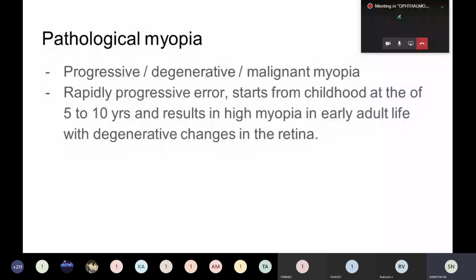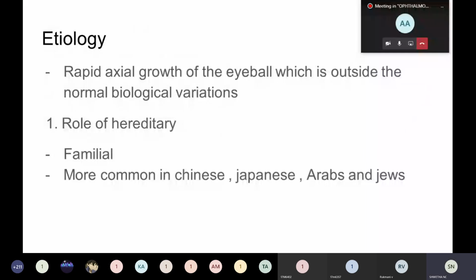Two important factors here are the role of the growth factor and the genetic factor, meaning the hereditary factor. So what is the growth factor? Some people will grow very fast. Outside the normal biological variation, there is a rapid growth of the eyeball.